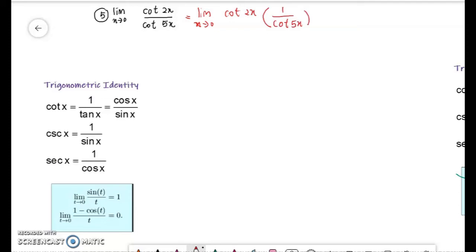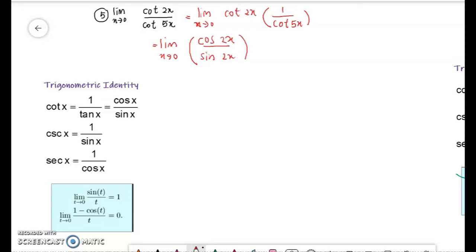So for cotangent 2x, you can change it to limit x approaches 0, you will have what? Cosine 2x over sine 2x.